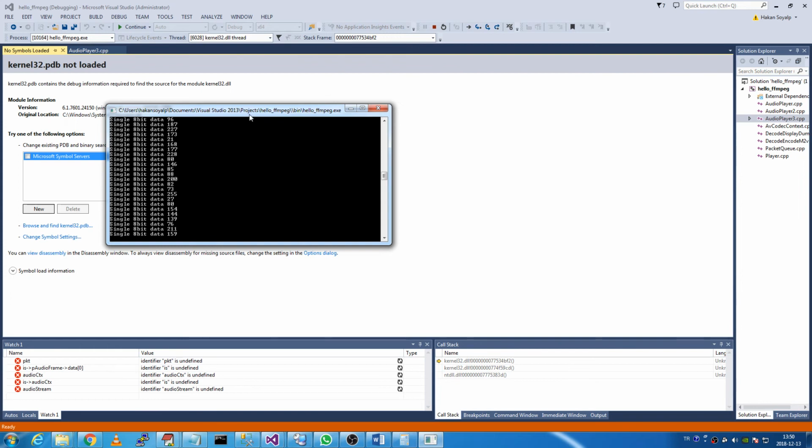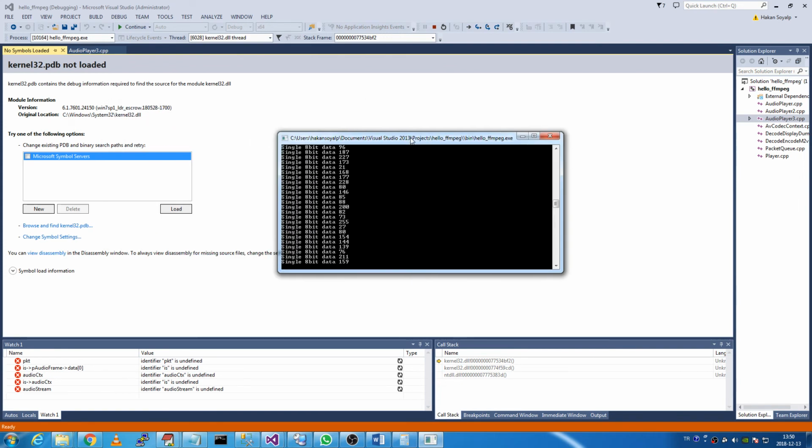If our sample format was 8-bit, each of these would be one sample, and 8-bit also, and mono, each of these would again be one sample.